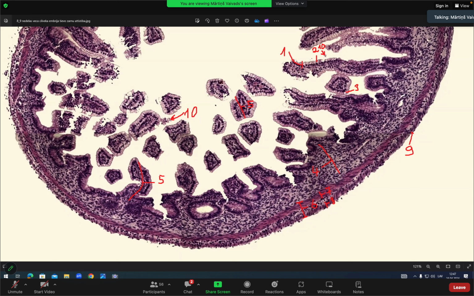What you need to know from theory: during embryonic development, the whole GI tract has a lot of proliferated epithelium. There are so many epithelial cells that they fill the whole lumen for a short moment. And later, a new lumen appears. These epithelial cells die off, and a new lumen reappears.